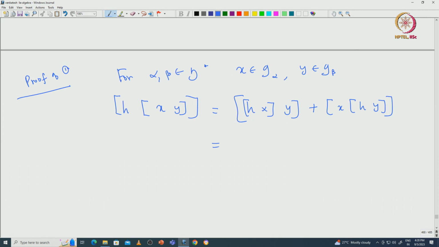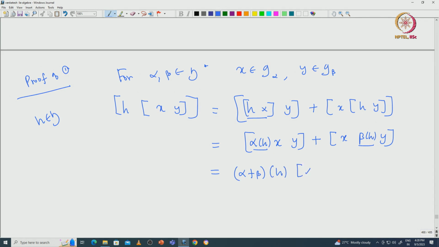Because this H is coming from capital H, H x becomes alpha of H times [x, y], because x is coming from g_alpha, plus [x, beta of H y], because y is coming from g_beta. Now you can take out these scalars, which gives us alpha plus beta of H times the bracket [x, y].